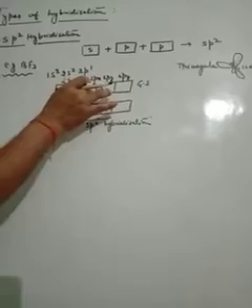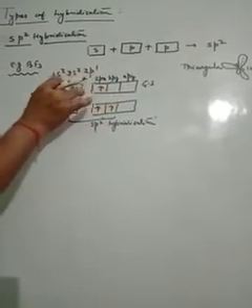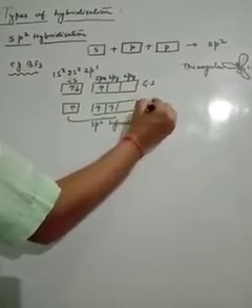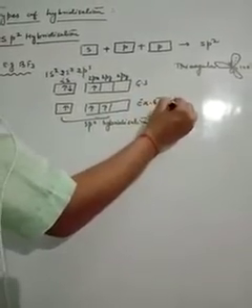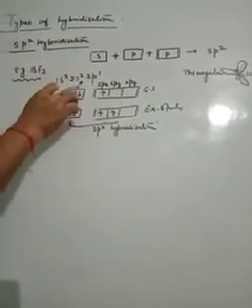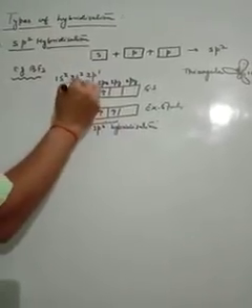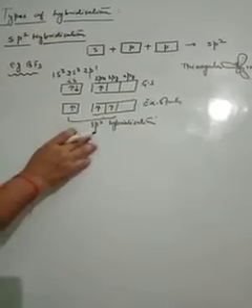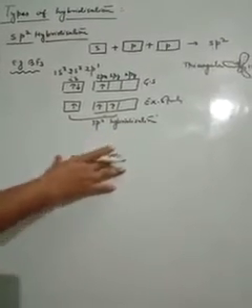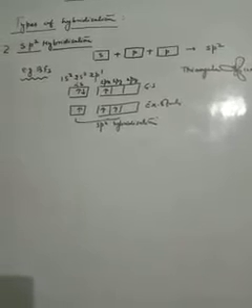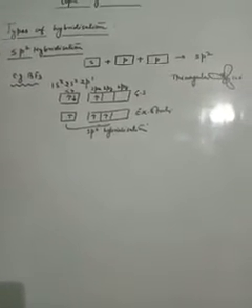One electron moves in the 2px and two electrons in 2s. In excited state, one electron shifts from 2s to 2py, from here to here. In this way, sp2 hybridization occurs. That means 3 equal energy orbitals develop.